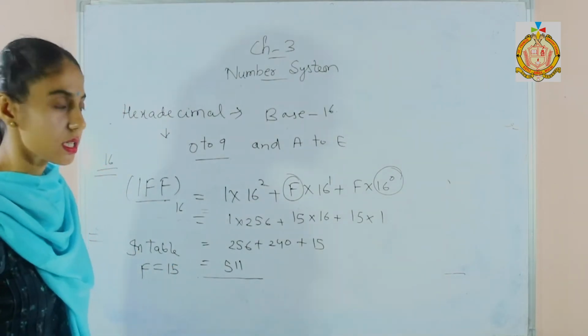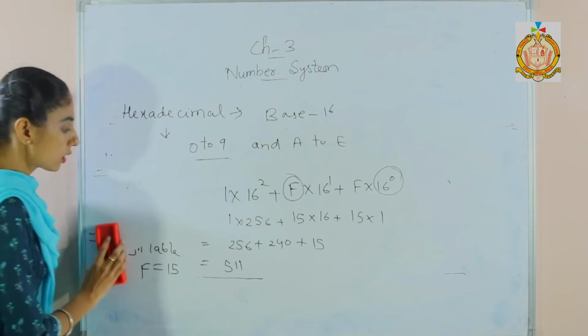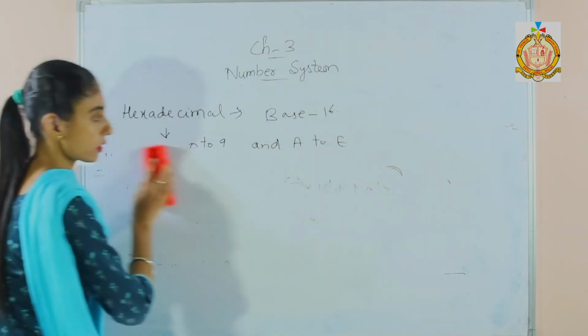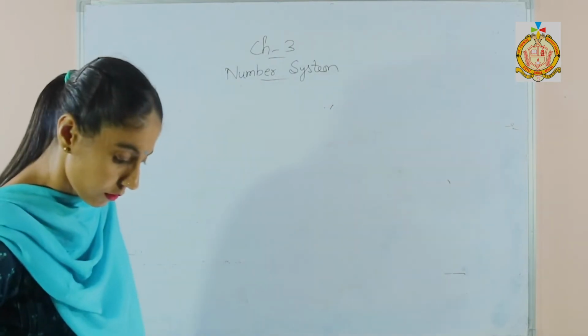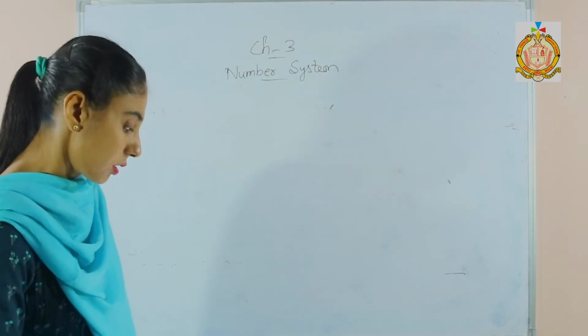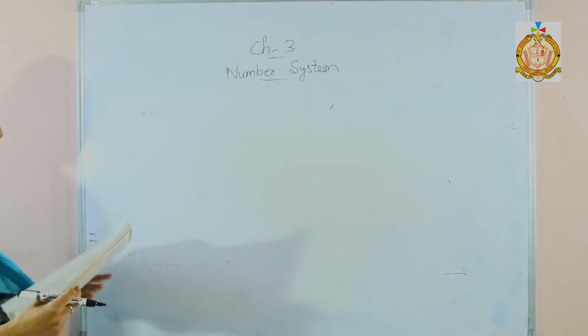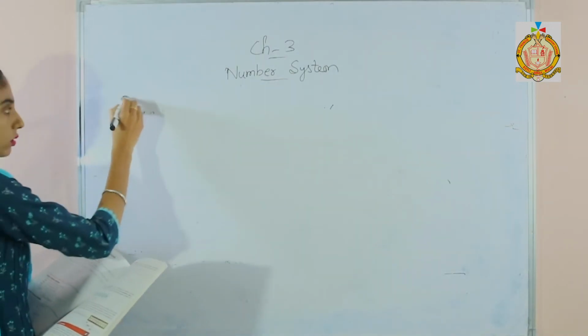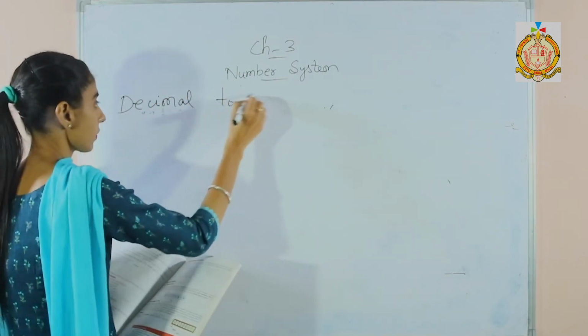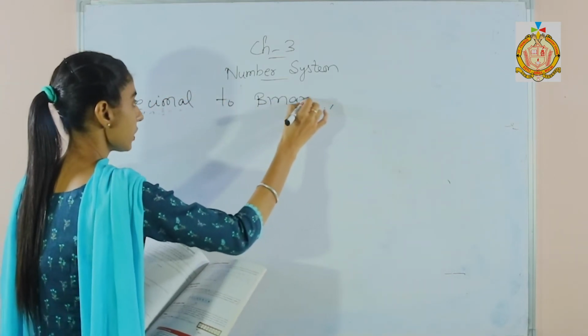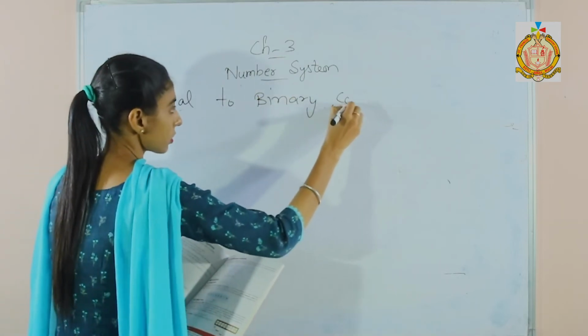With the help of these examples, you can solve the conversion of one method to another. So firstly, I am going to explain how to convert a decimal to binary. Decimal to binary conversion.